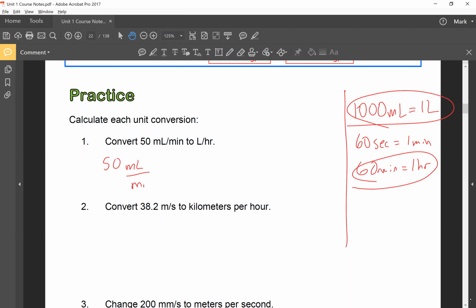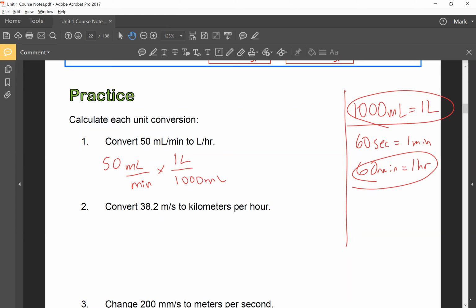milliliters per minute. First, let's get rid of the milliliters. Let's change the milliliters to liters. So I'm going to multiply this by 1 liter over 1,000 milliliters. Now, I had a student come to my office hours, my Zoom room, an hour ago, and we talked about this.